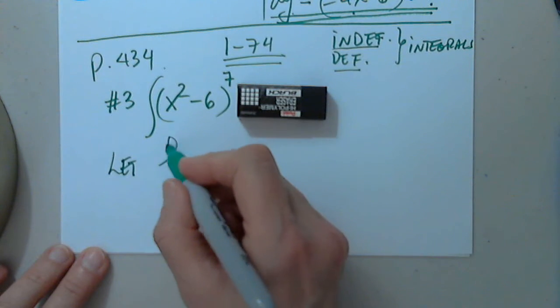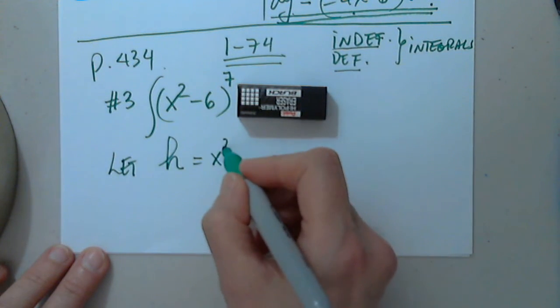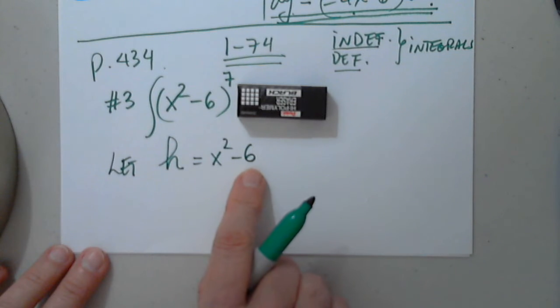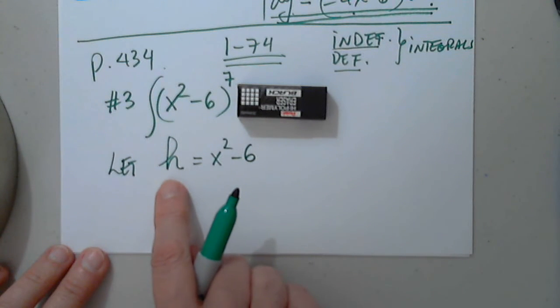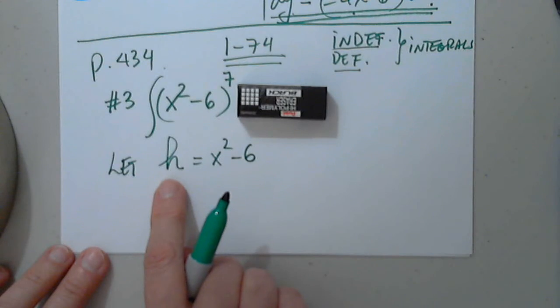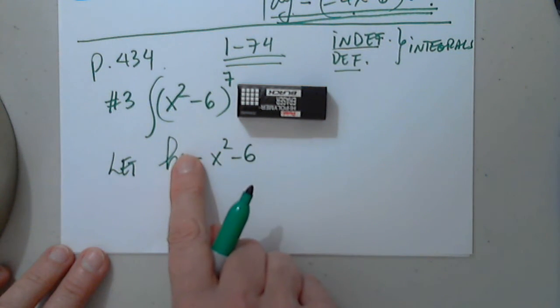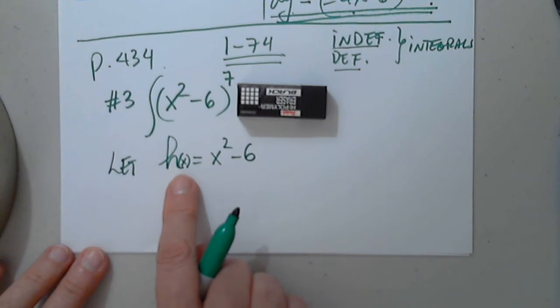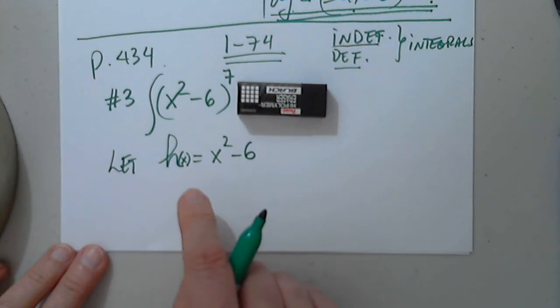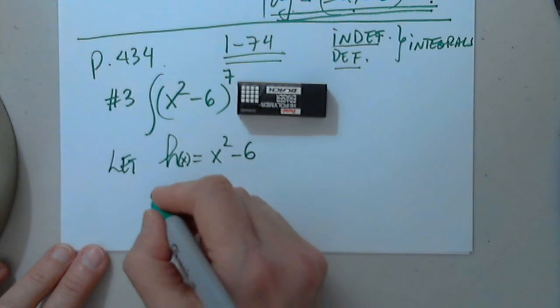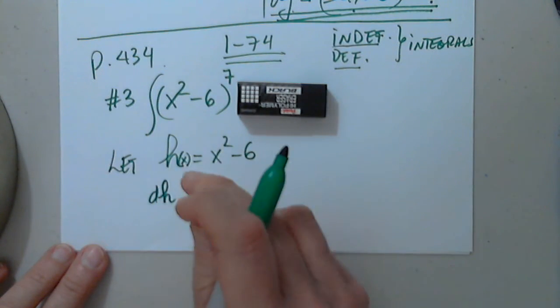H. Very good. Let h be x squared minus 6. So careful, we created a new function. We called this function h, or h of x. Good. So now can you determine for me dh, the differential of h?